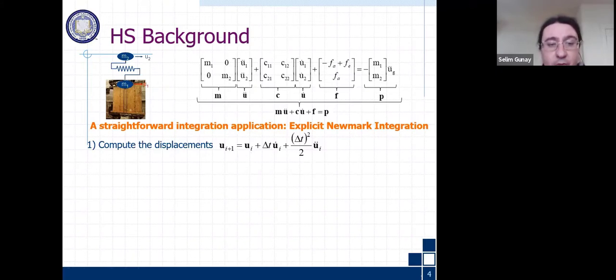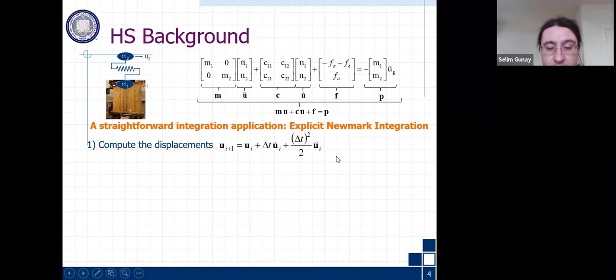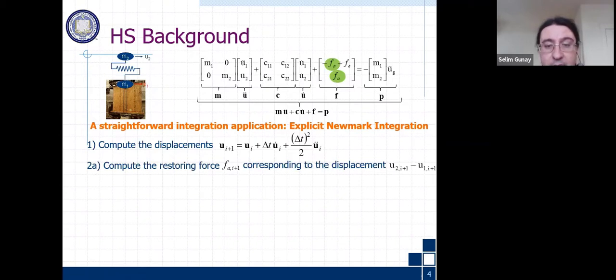In the first step of the integration, one integration time step, we compute the displacement at the next time step using the quantities from the previous one, using this Taylor expansion or finite difference equation. The next step is to compute the restoring force vector. So we have two sets of elements here, right?